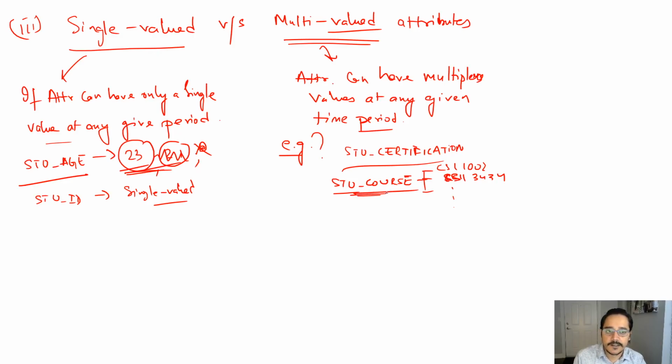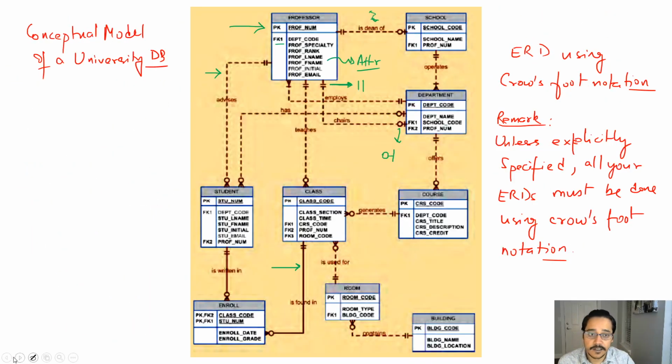But the intelligent part, or the intuitive part of all these design steps, is that even if you did end up considering student course as an attribute, it will come out as an entity. Okay, and it will take you back to this scenario here, where course is basically represented as an entity and not as an attribute.